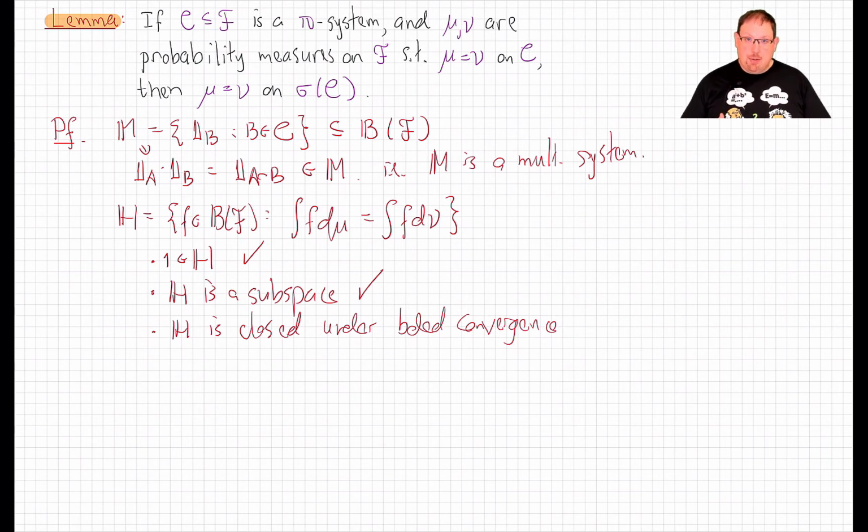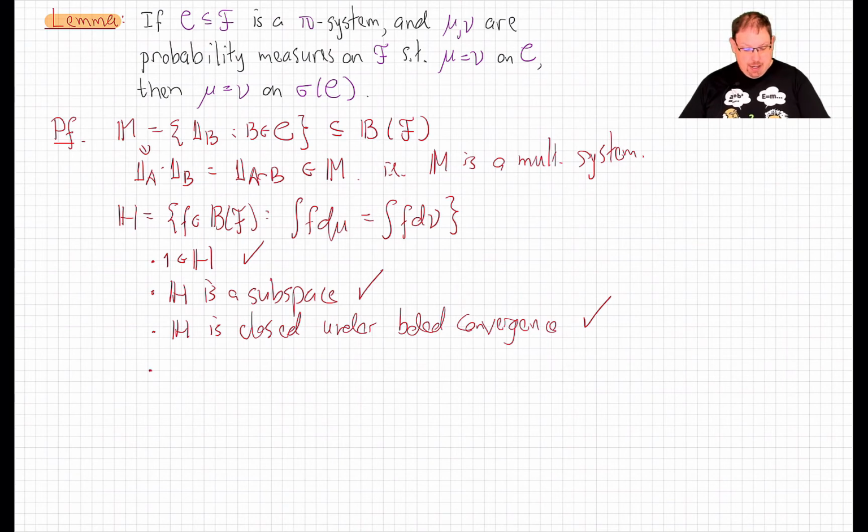Because if I have a sequence fn of functions that are bounded above by some constant m, then if fn converges almost surely to f, the integral of fn converges to the integral of f against either measure, mu or nu, by the dominated convergence theorem, since the constant m is integrable with respect to a probability measure. And therefore, since I get agreement of the sequences integral of fn d mu and integral of fn d nu by assumption, since fn is in H, the same property holds for the limit, and that means that H is closed under bounded convergence.